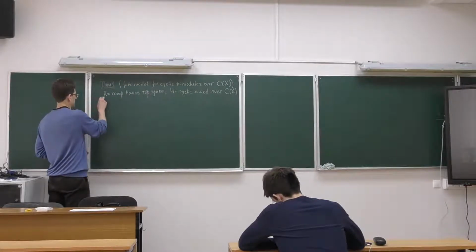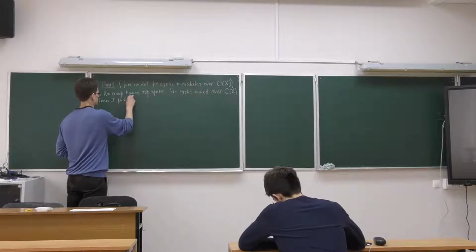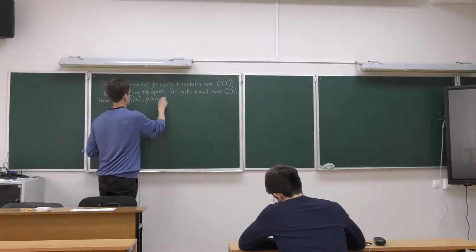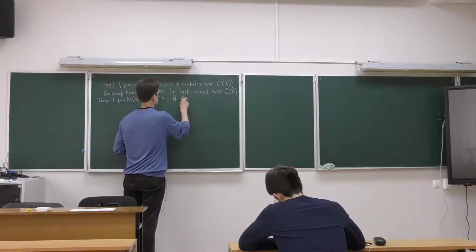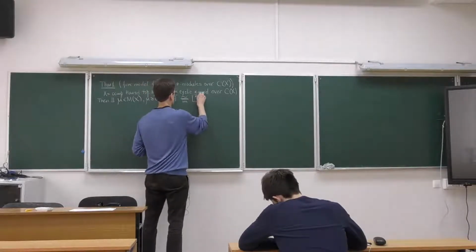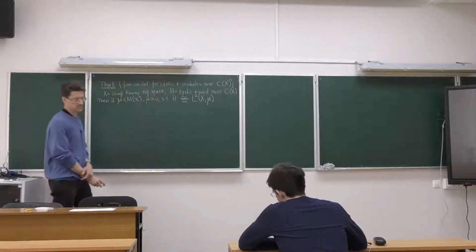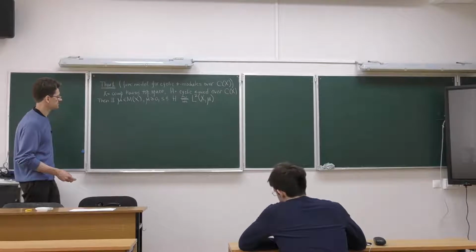I claim that there exists a positive Radon measure mu on X, such that H is unitarily isomorphic to the L2 space over X, considered as a star module over C(X).